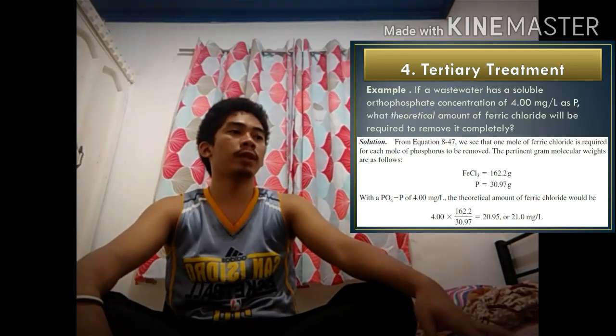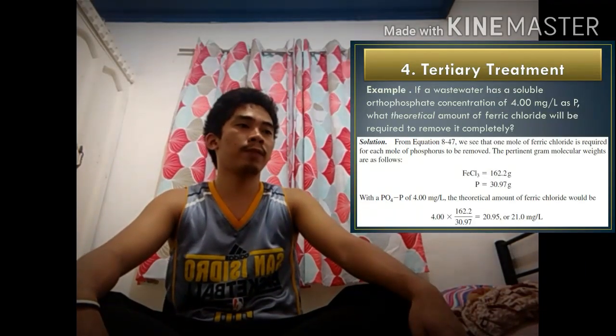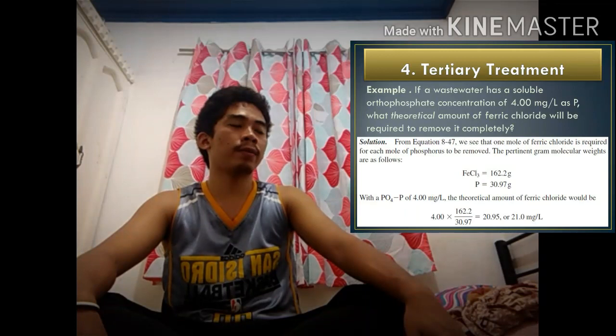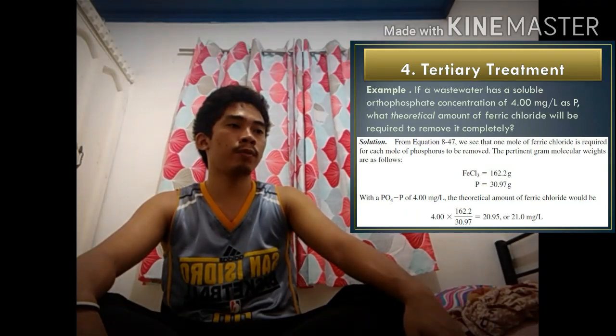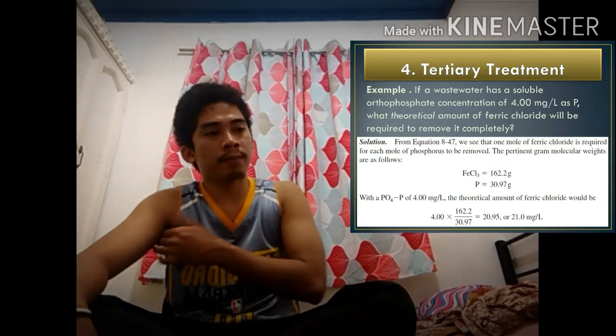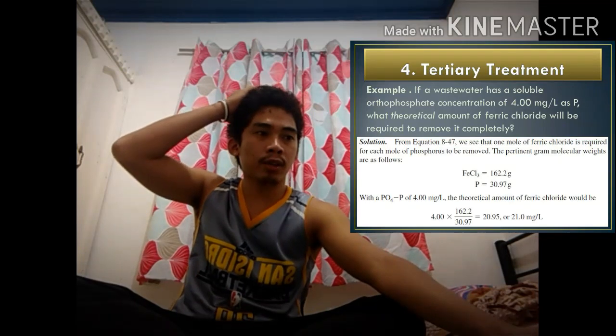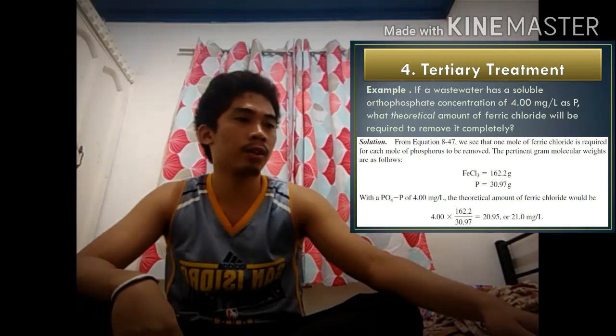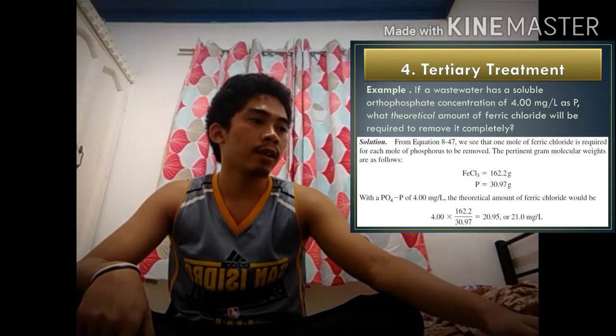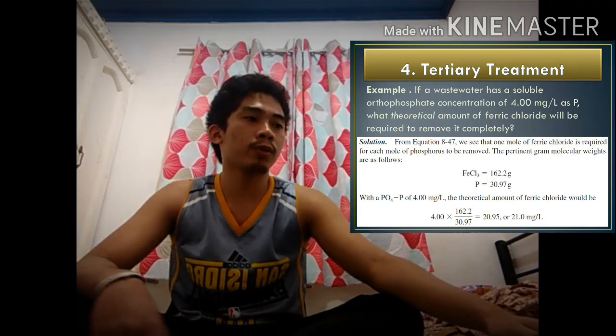Example, if wastewater has a soluble orthophosphate concentration of 4 mg per liter as P, what theoretical amount of ferric chloride will be required to remove it completely? We see that, sa katong precipitation reaction, 1 mole of ferric chloride is required for each mole of phosphorus to be removed.